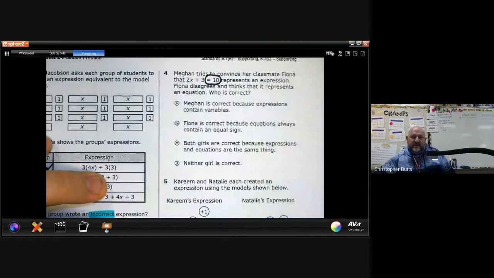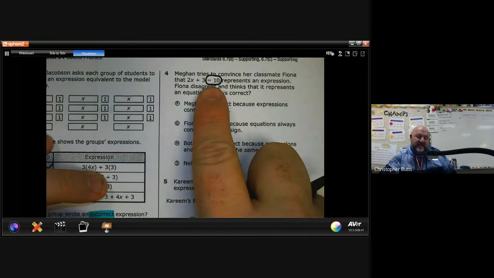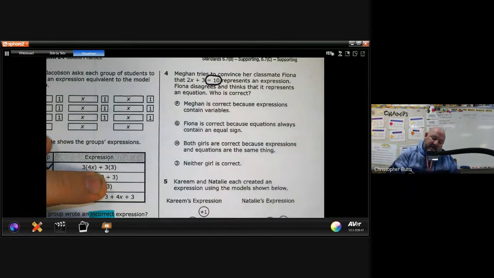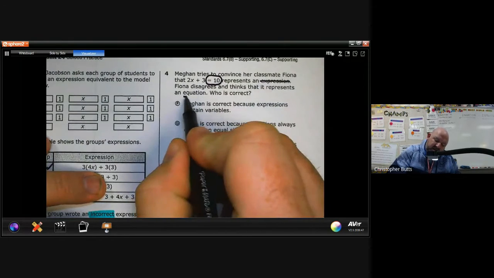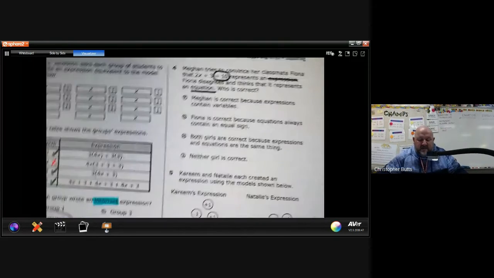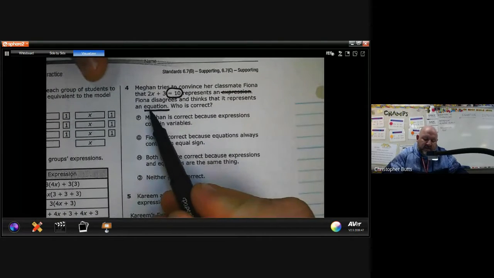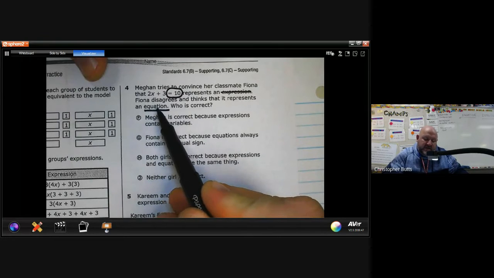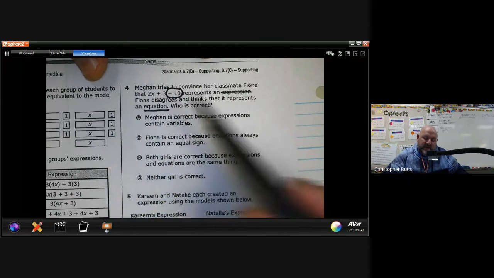We learned this already, that if it has an equal sign and it has an answer, then it cannot be an expression. It has to be an equation. We even had one of my students, Jonathan, point out that the word equation almost has the word equal in it, which is why we need to have an equal sign when we're using equations, not expressions.